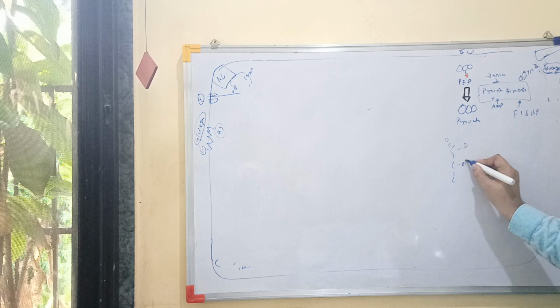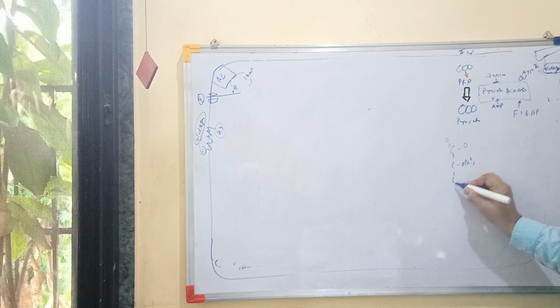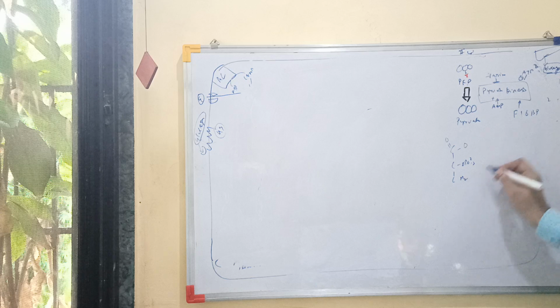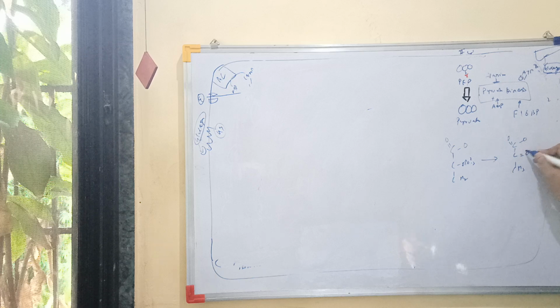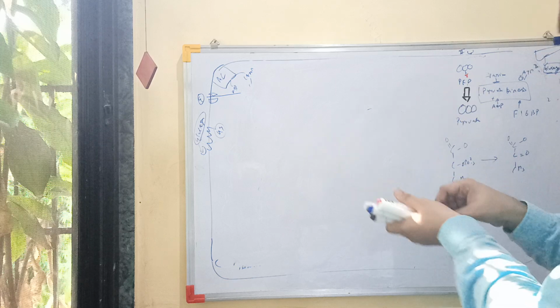Here we have the bond, and now we are talking about pyruvate. This is C1, C2, C3. And we are removing the phosphate group here.